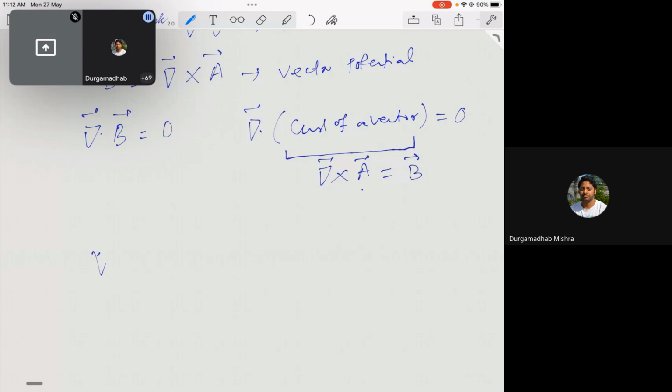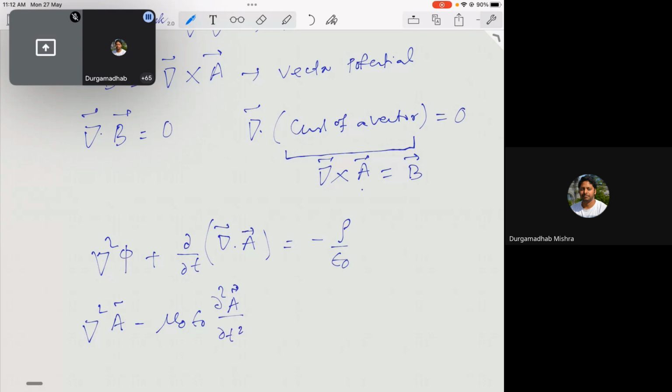So the first one is del square phi plus del by del t of del dot A is equal to minus rho by epsilon naught. And the second equation is del square A minus mu naught epsilon naught del square A by del t square minus the gradient of del dot A plus mu naught epsilon naught del phi by del t.